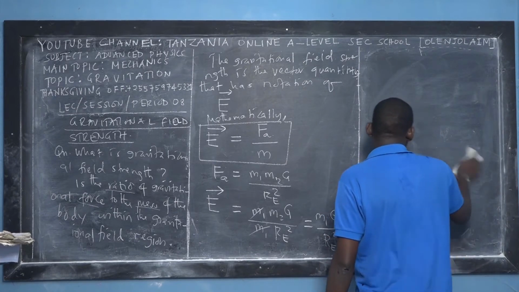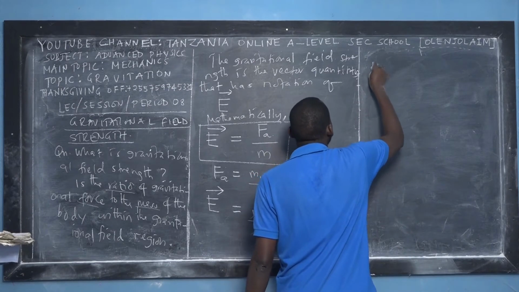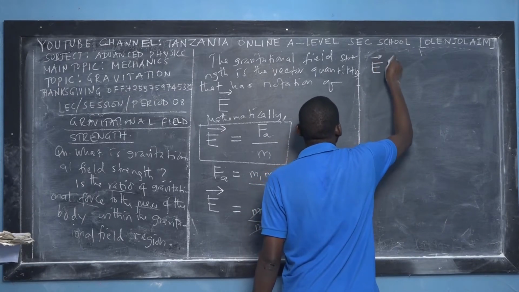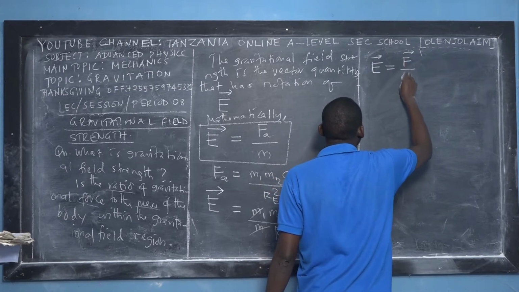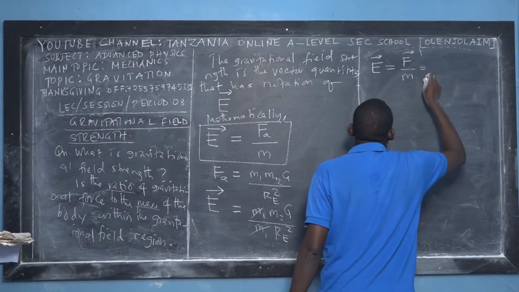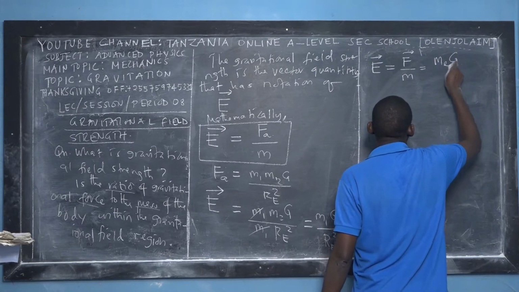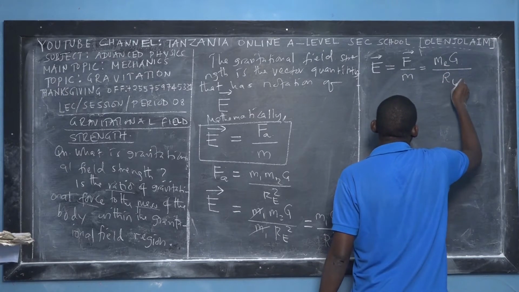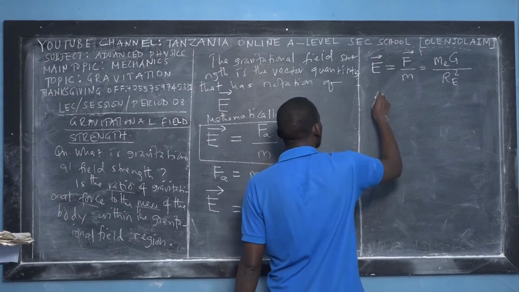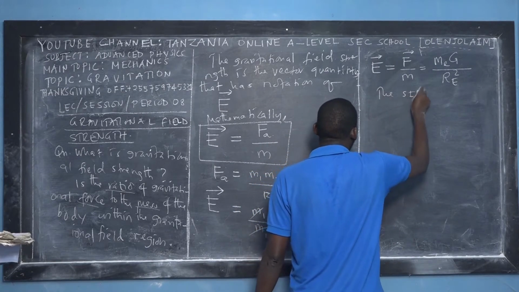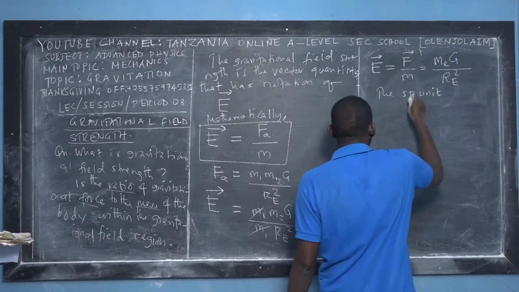Remember that the force also is a vector quantity. So vectorially we can write that gravitational field strength is equal to the ratio of the force, a vector quantity, to the mass, a scalar quantity, which equals the mass of the Earth times the universal gravitational constant over the radius of the Earth squared. You can be asked for the SI unit or the dimensions of gravitational field strength, but it's very simple because you have the formula.